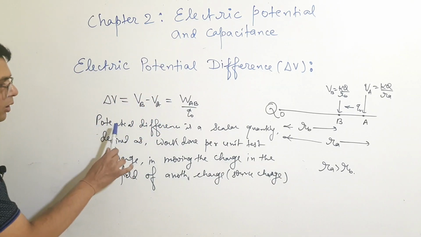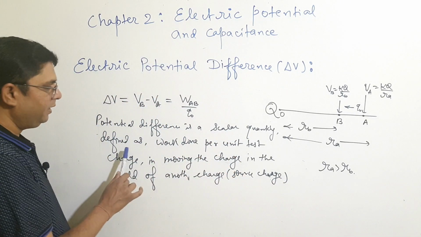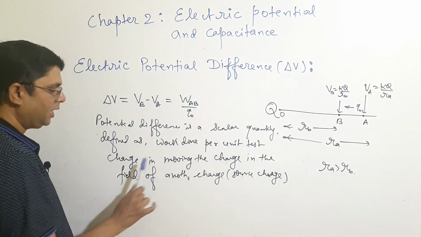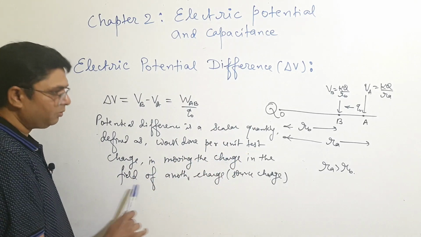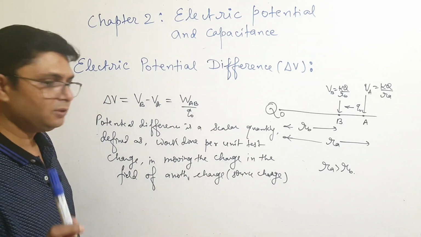And so potential difference is a scalar quantity defined as work done per unit test charge in moving the charge in the field of another charge known as source charge.